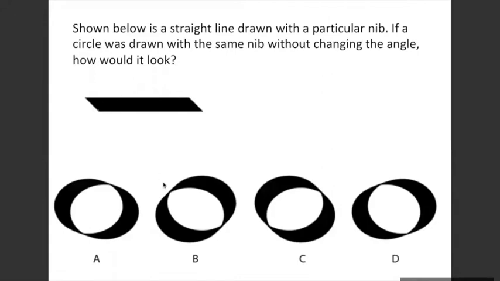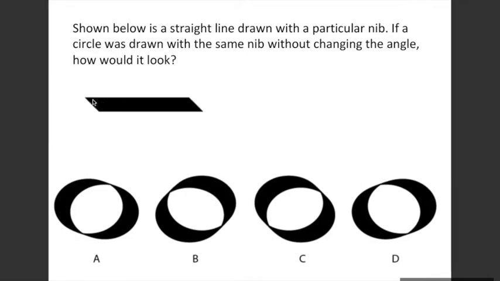If we rotate it in a circle, how will that circle look of all these four options? C. You said C? Yes, ma'am. Yeah, C is the correct one.